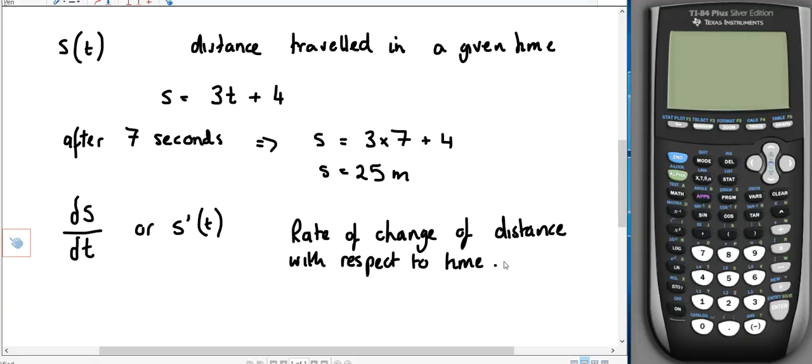So what is the rate of change of distance with respect to time called? It is the gradient of the distance function. Speed.